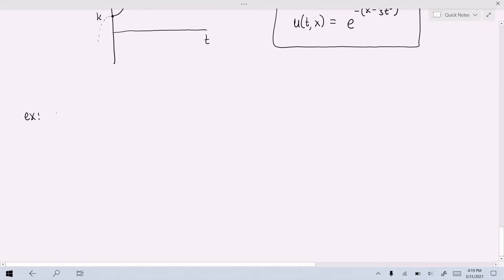Let's consider the equation u_t plus 3 u_x, let's have it equal to xt this time. For an initial condition, let's say that initially when t is 0, u is just equal to x.